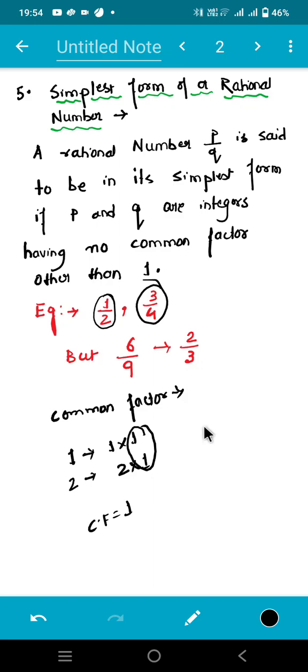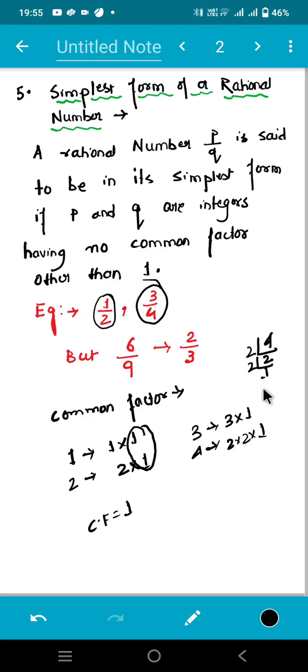Now let's check this one, 3 and 4. So 3 is 3 into 1. And 4 is 2 into 2 into 1, isn't it? If you prime factorize 4, this is what we are doing, prime factorization. So when we write all those factors here, do we see any other factor common other than 1?